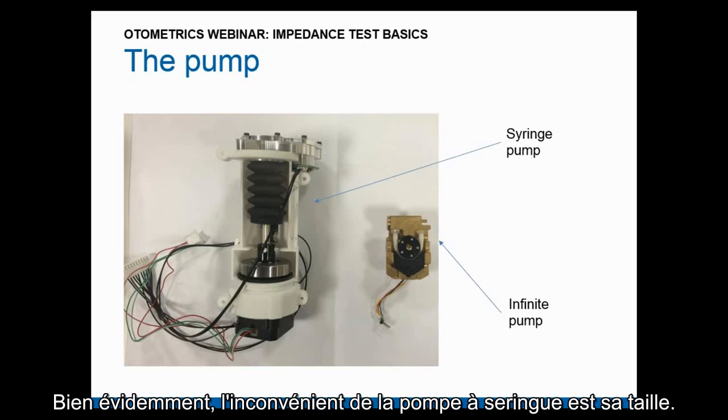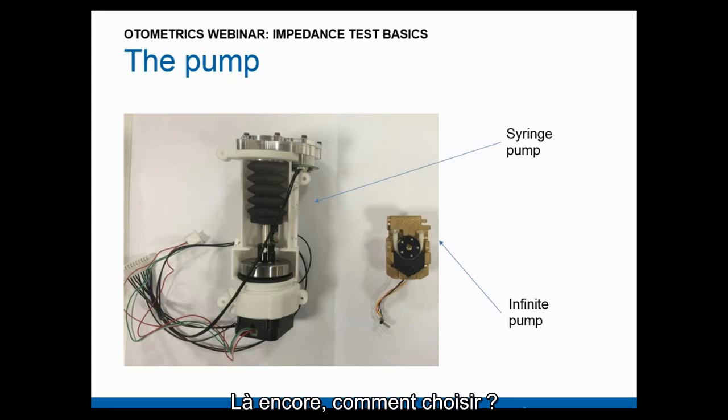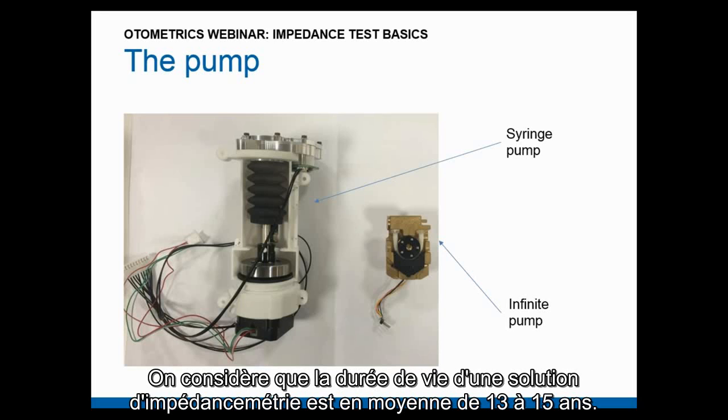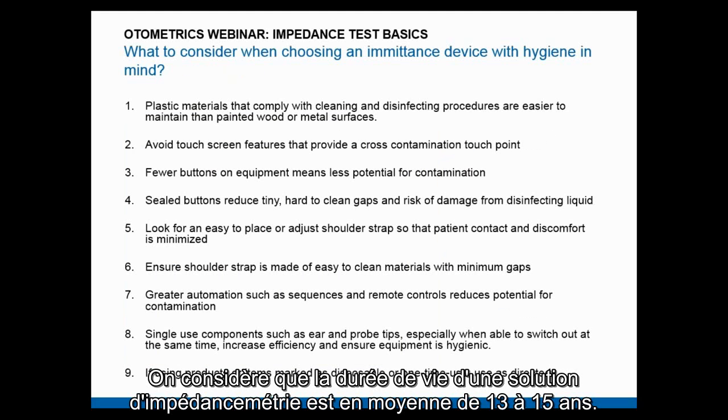Obviously, the drawback of the syringe pump is the size. But once again, what do you want to choose? Something portable or something faster and definitely more reliable throughout the lifetime of an emittance device. Basically, we consider in the industry the lifetime of a solution as around 13 to 15 years for an emittance solution.